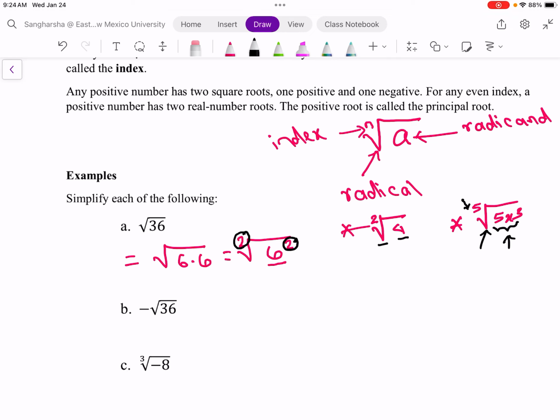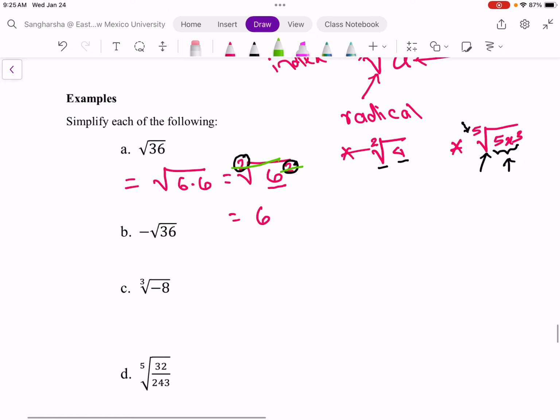If the index and the exponent of the radicand are the same, then there is no more radical sign. So we have 6. You can cancel the exponent of the radicand and the radical sign. The only condition is that the index has to be equal to the exponent of the radicand.